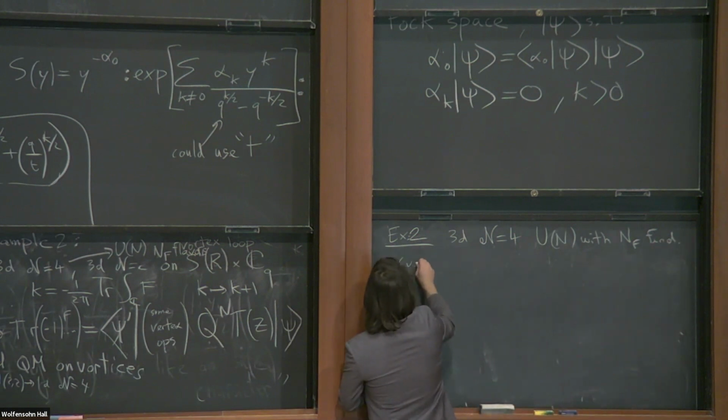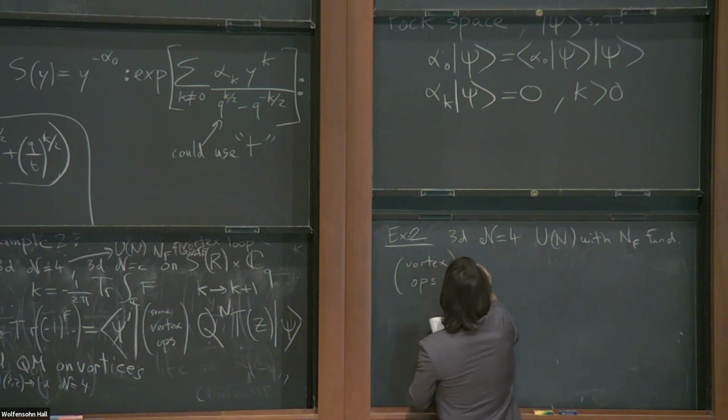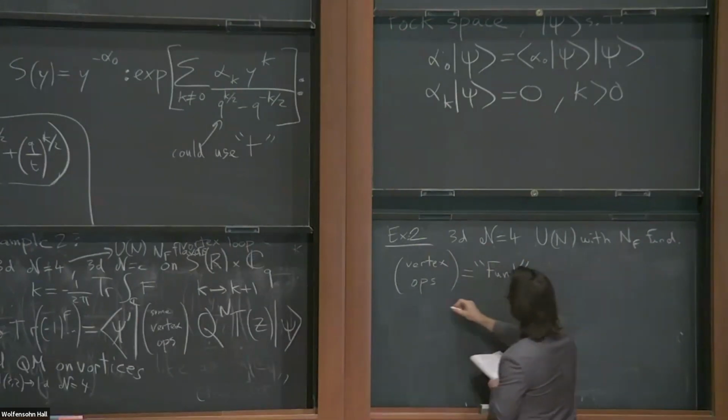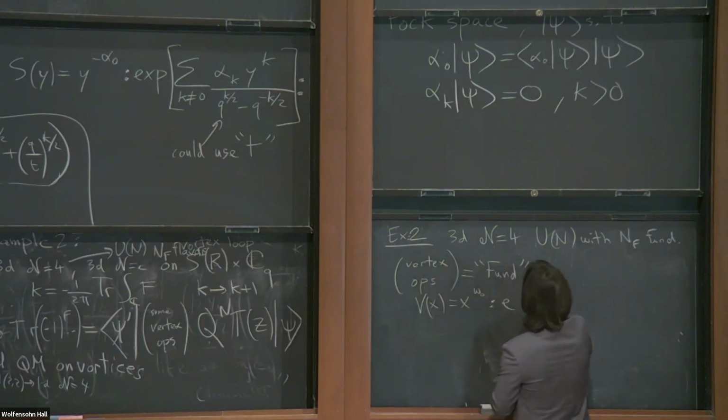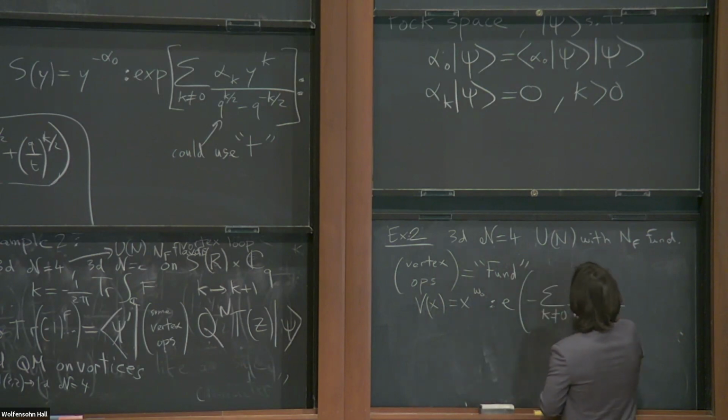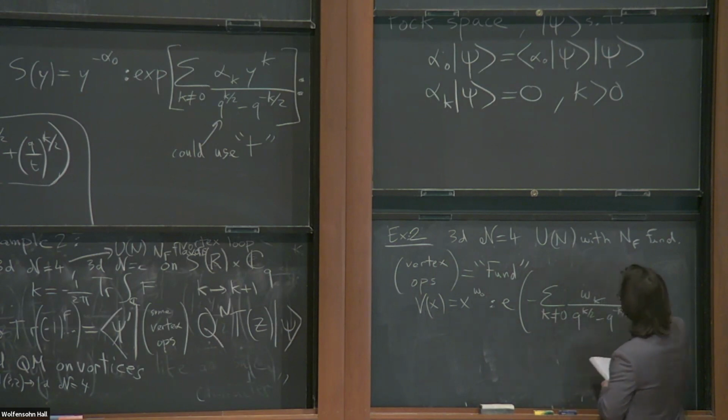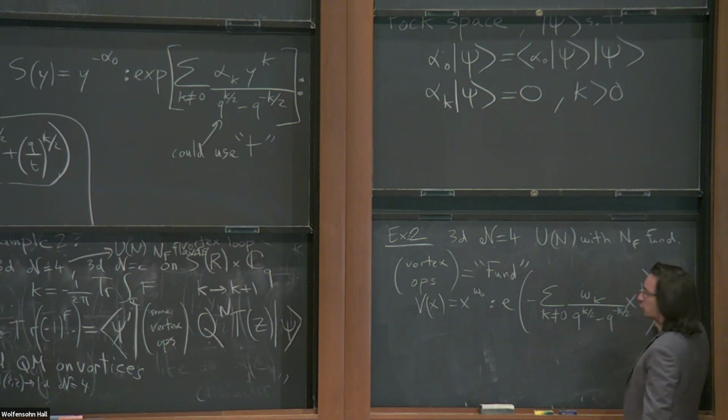So take the vertex operators to be what's called fundamental operators. Literally, g of x equals x to something times e, that's the zero node, minus some. So some vertex operators that happen to look like this. These are new, I didn't write them before. So say you introduce these vertex operators inside your correlators.